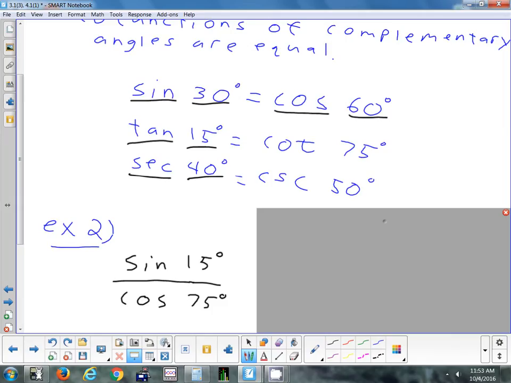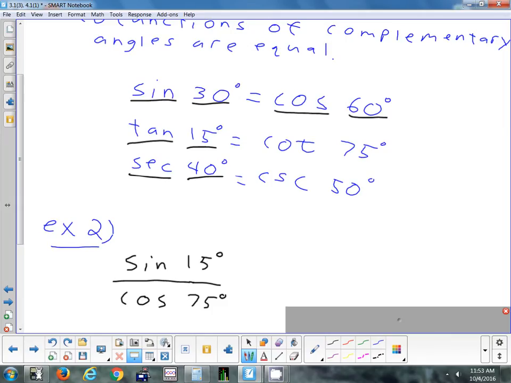Okay, so I've set this up in a very special way. Sine and cosine, those are your cofunctions. 15 and 75 are complements. So anybody think they know what you're going to get if you divide those two things? Not sure? You're going to get 1 because they're the same.